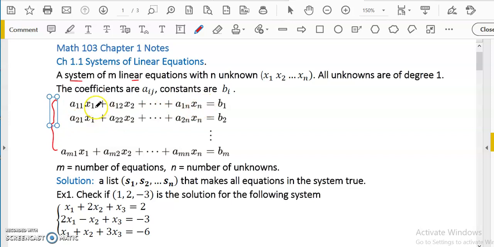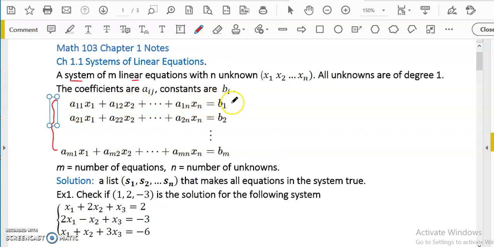It's a little confusing in the beginning because when you solve it, sometimes this 1, 2, 3, 4 gets in the way of the actual number, but x1 is actually the unknown. And the coefficient of the unknown is named a11, a12, like that.